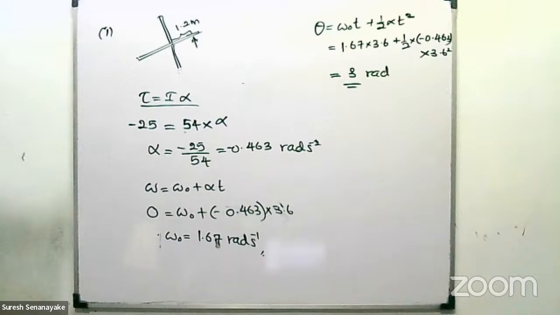The justification is that the applied torque is less, because if the force is not perpendicular to the door, it produces less torque than the previous value. Right?